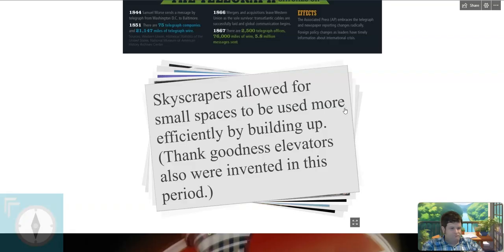Cities are very large. They contain large populations, but there's land limitations. Especially in this time period, there's only so far people can go in a day. And so you need to be able to reduce the amount of space traveled. And the skyscraper was an efficient, cost-effective way of doing that.